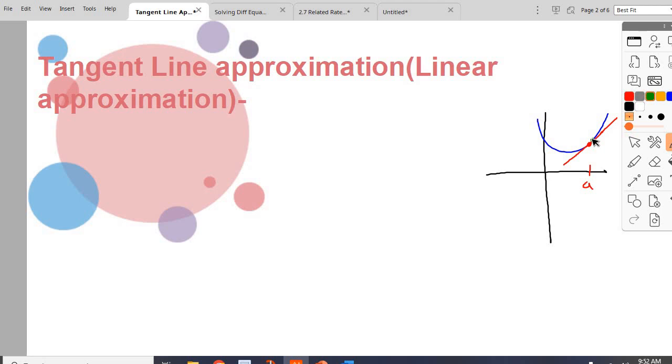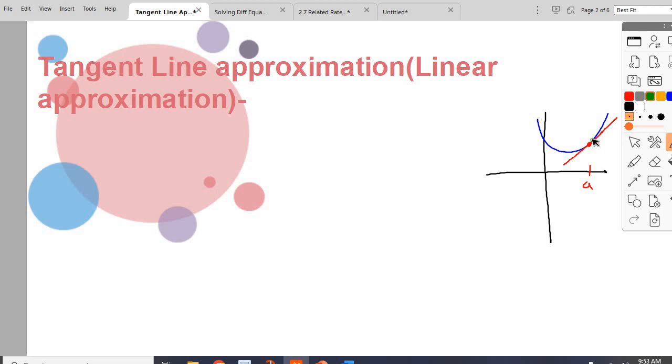So I can find my tangent line equation, and then use that equation to approximate that point. Because it's close enough that a tangent line is going to be pretty close to it for anything that's near that point. Does that make sense? So it's going to be a fairly good approximation.